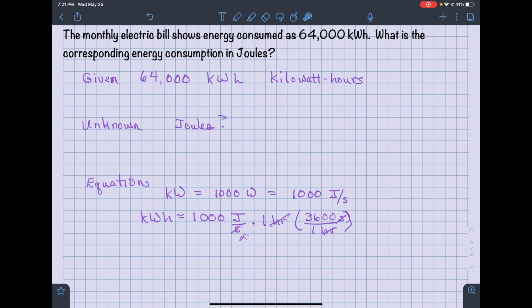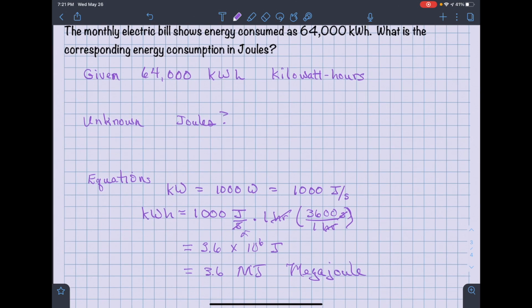So we just multiply all of that through, and we're going to get 3.6 times 10 to the 6th, or 3.6 million joules, or that's what we call a megajoule. A megajoule is 1,000,000 joules. That's what we got. All right, so that's 1 kilowatt hour.